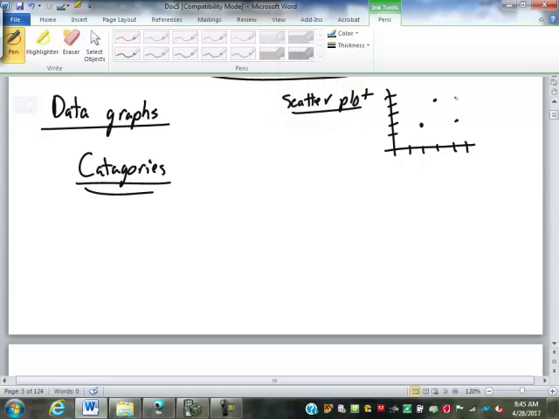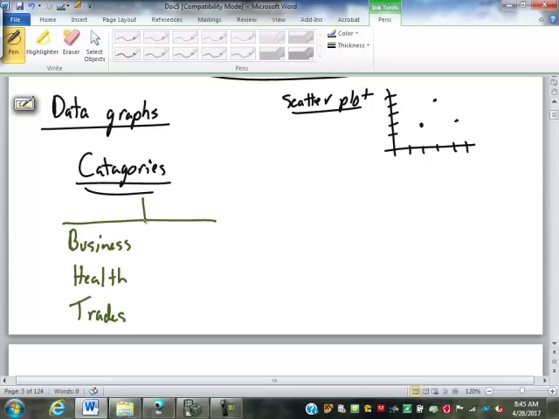For example, let's say we want to display here students in different programs. I'm not going to list individual programs. Let's list business, health, and trades. So that's the type of program, and let's list the number.